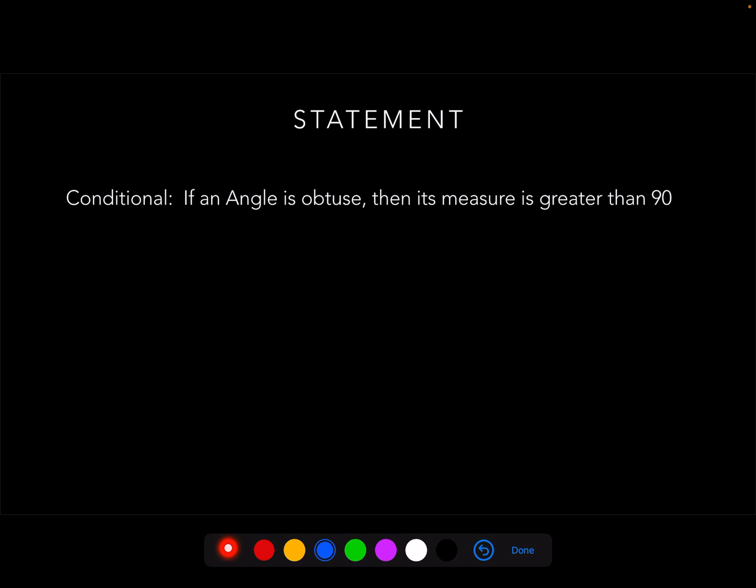Some of you can just do these in your heads pretty quickly. About another minute. So just write one biconditional statement.